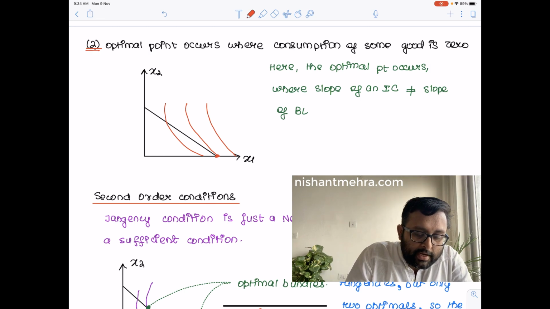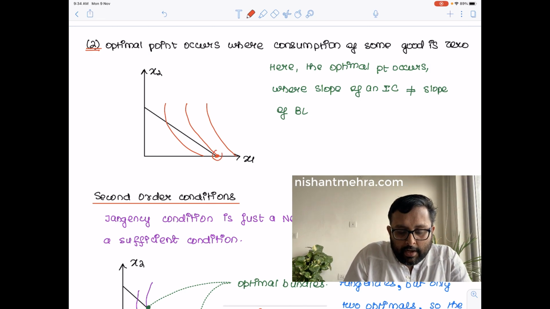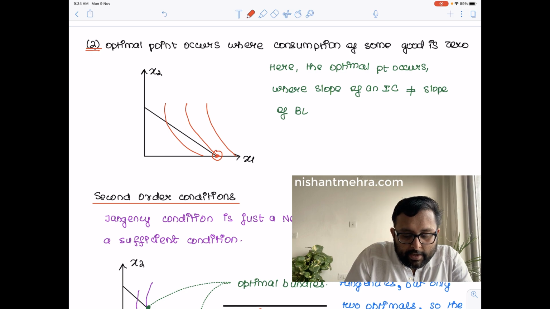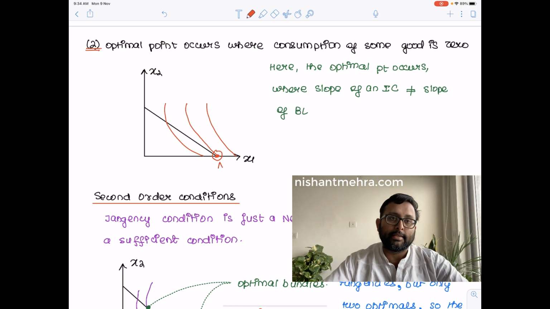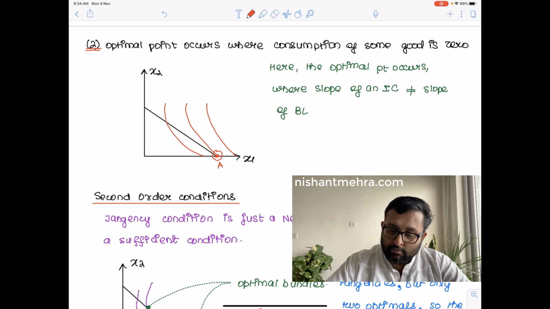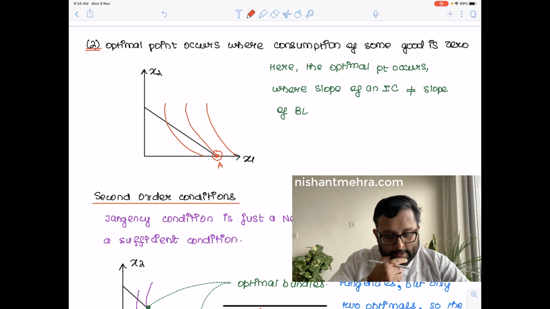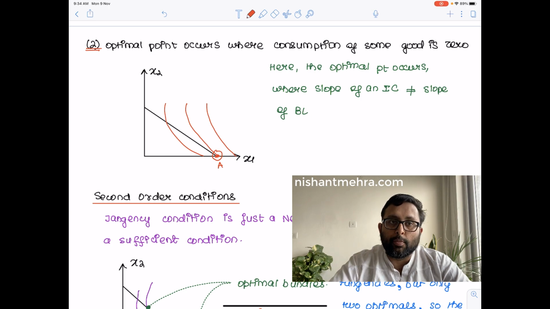So you'll be asking what is the highest indifference curve, and you find that this point A is the highest indifference curve which you have. Now, this is not the point of tangency, at least, right? At this point, you can't say that MRS is equal to the price ratio. But still, this is the point of the optimal. This is the highest indifference curve you can achieve given the budget.